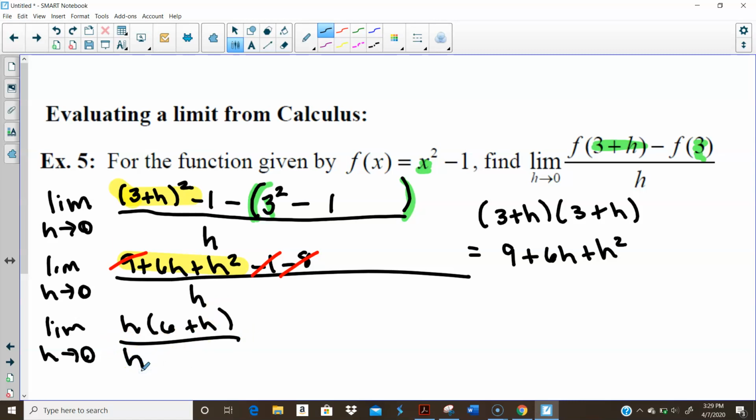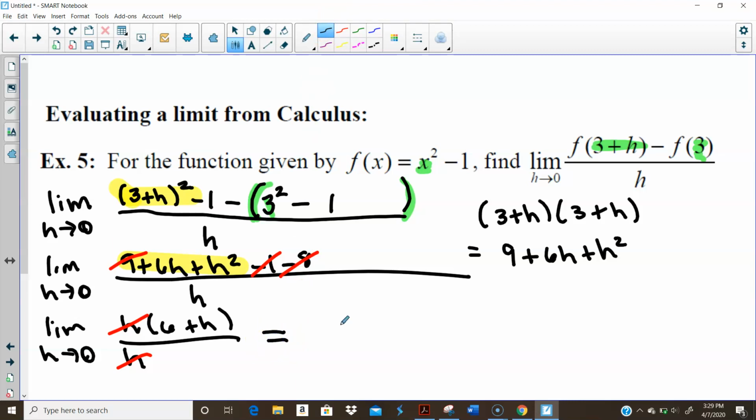Now, at the beginning of this problem, I could not use direct substitution because if I were to directly substitute in 0 everywhere I saw an h, that would give me a 0 at the bottom of a fraction. But now you can see that I'm going to be able to cancel these h's, and now I can go ahead and use direct substitution to find the limit.